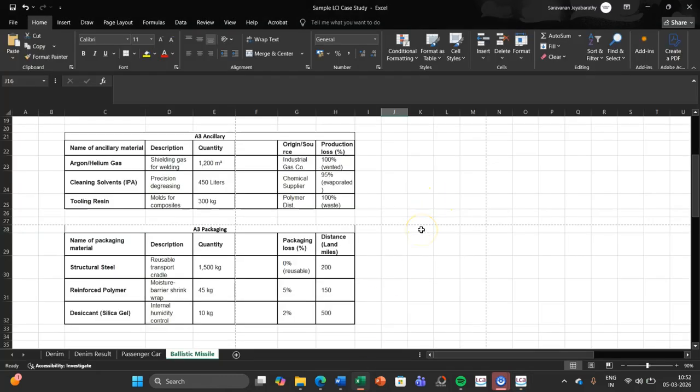Sometimes the term auxiliary will also come, the next level, secondary level of such materials, which are required in very minimal quantity so as to aid the manufacturing process, right? As a mass balance, they don't go into the mass of the final product. So in the mass balance you should not consider ancillary, right?